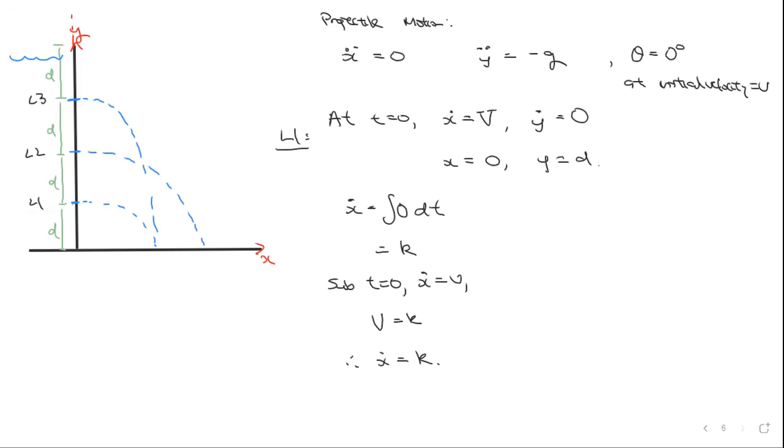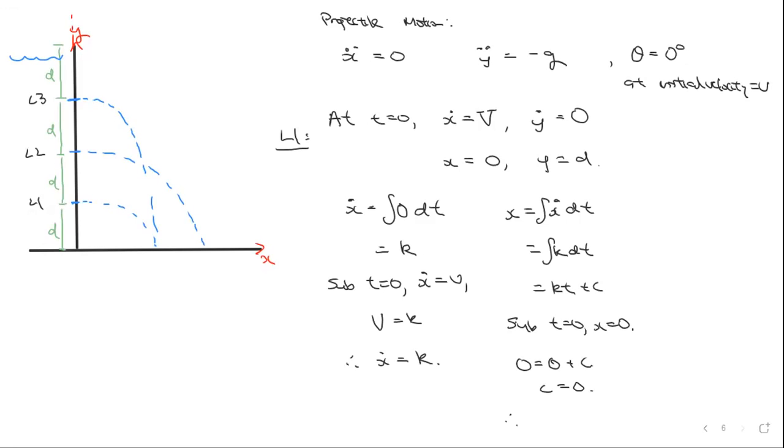Once you have that, to get x, that would be the integral of x dot with respect to t, which is the integral of k with respect to t, which is kt plus c. You would then sub t equals 0, x equals 0, so 0 equals 0 plus c, so c equals 0. Therefore x must equal v times t because k equals v. And that's how you prove it for x.